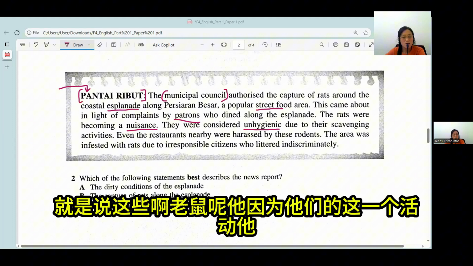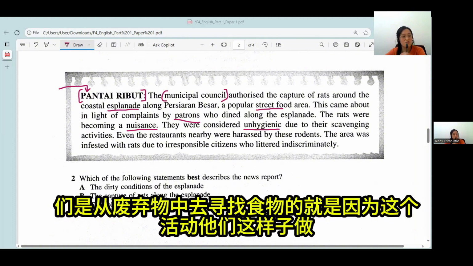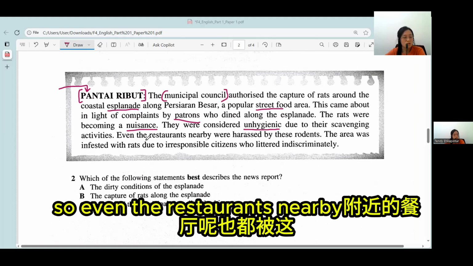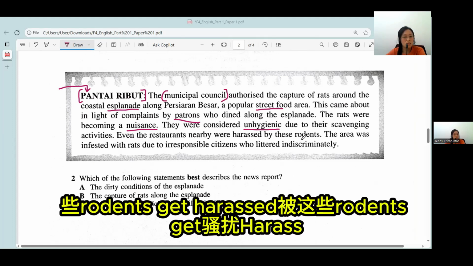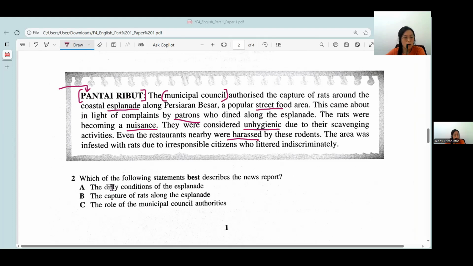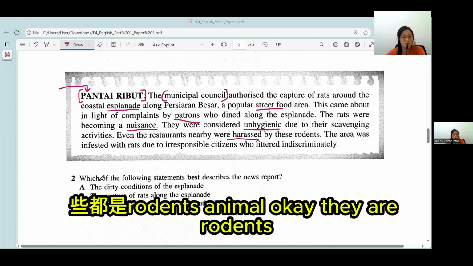也就是说，这些老鼠呢，因为他们的这一个活动，他们是从废弃物中去寻找食物的，所以其实是很不卫生的。So even the restaurants nearby, 附近的餐厅呢，也都被这些 rodents 给 harassed，被骚扰，harass 是骚扰，OK？So rodents 其实是啮齿动物，很像兔子啊、老鼠啊，这一些都是 rodents animal，OK？They are rodents.